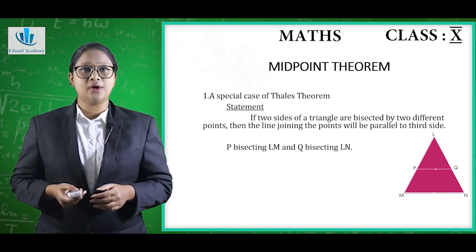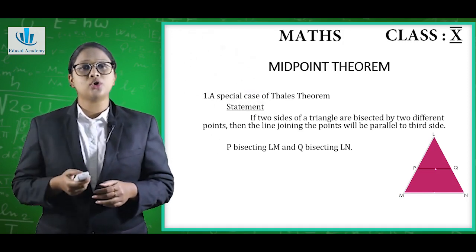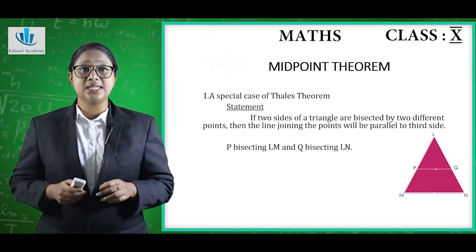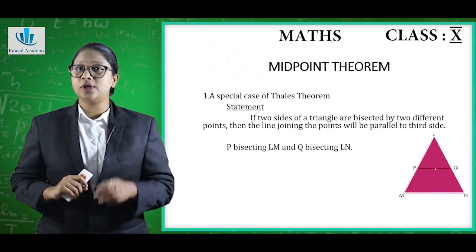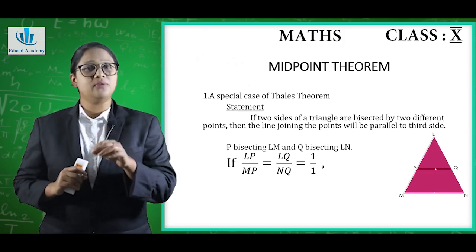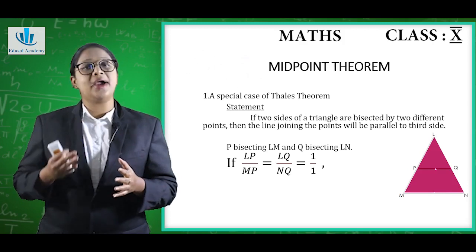We can see a triangle LMN with PQ drawn connecting P and Q. Now the condition is that P is the midpoint of LM and Q is the midpoint of LN. Then the ratio LP by MP will be 1:1. So will be the ratio LQ by NQ.